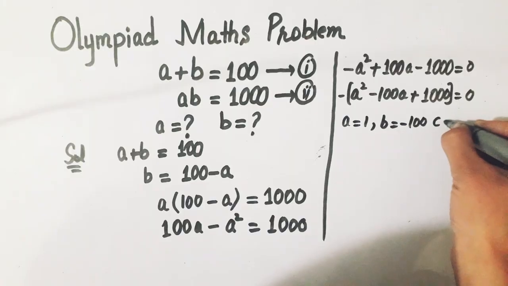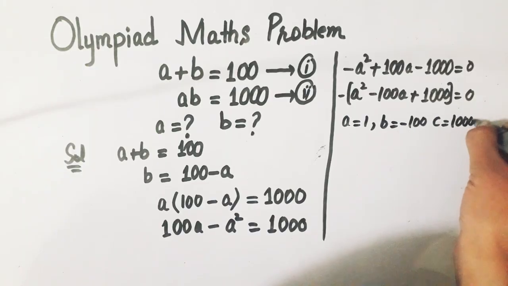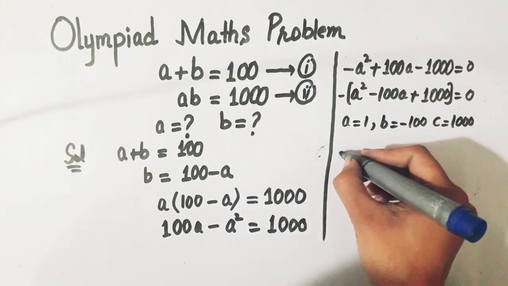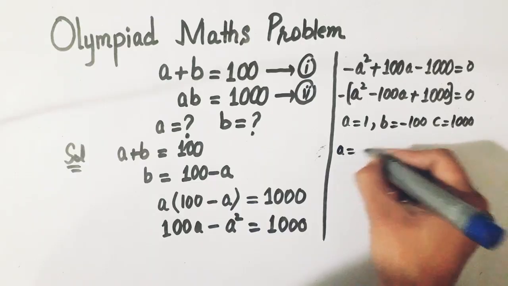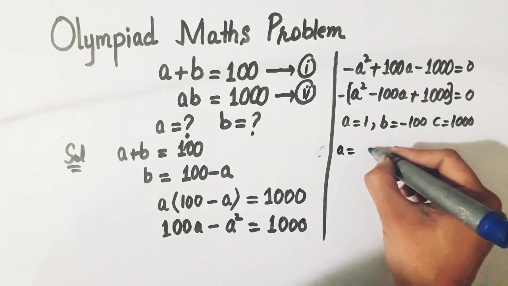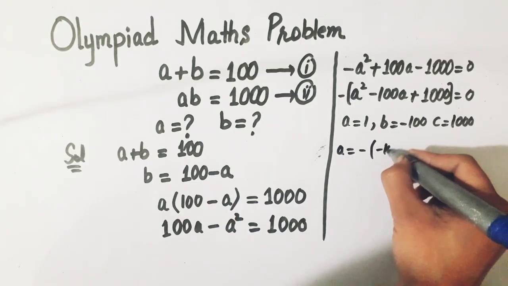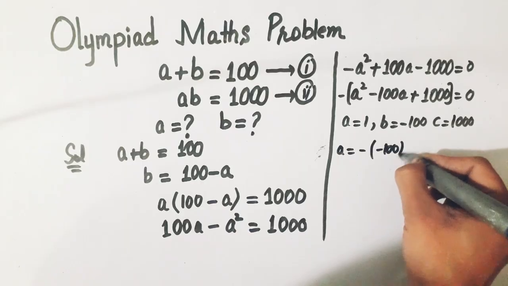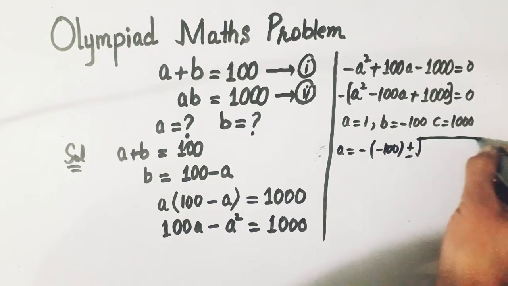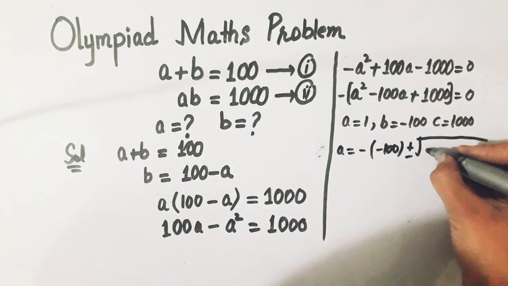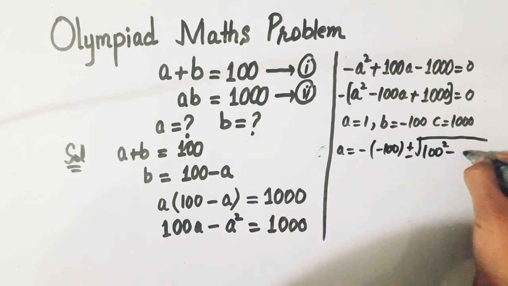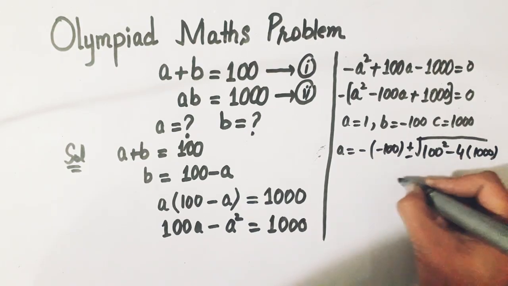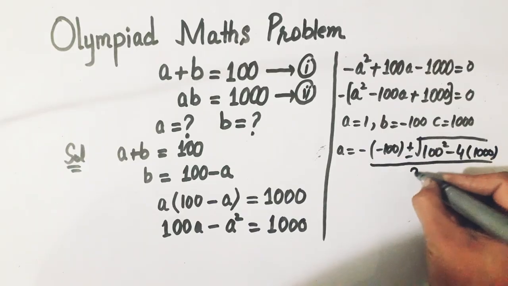Here we got the value of a that is 1, value of b that is minus 100, and value of c that is 1000. So what will be the value of a? a equals minus b plus minus the square root of b square minus 4ac, divided by 2.